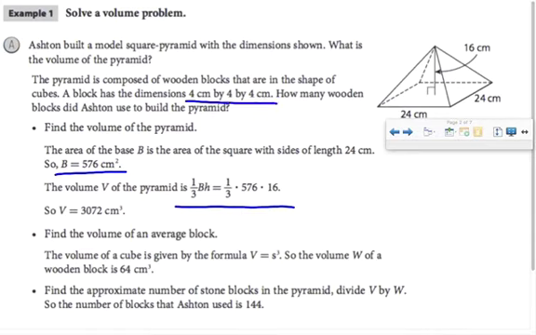How many blocks would I have to use to build the pyramid? The volume of a cube is side cubed, so I know the volume of each block is 64. Then they divided the volume of the pyramid by the volume of each block to find that Ashton needs to use 144 blocks.